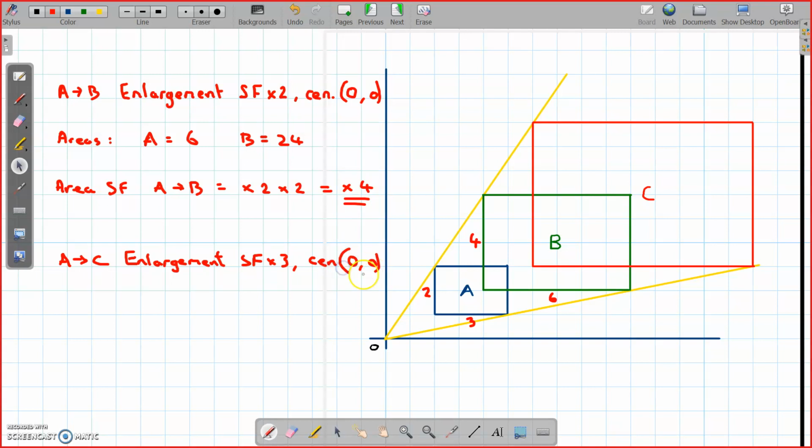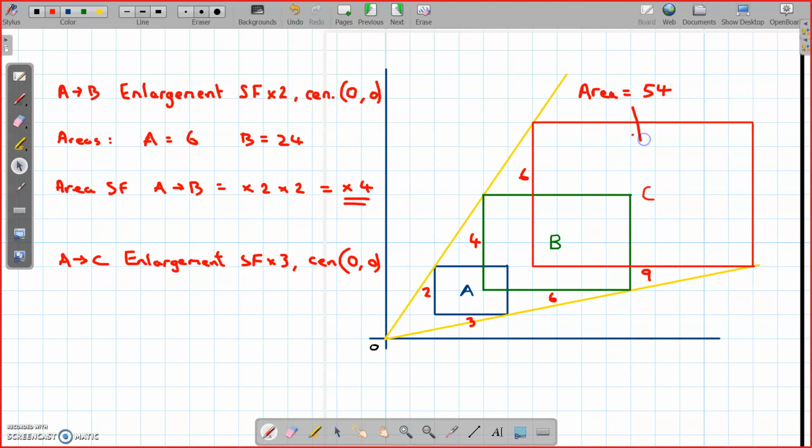So we're familiar enough by now with that, and we can see the dimensions. This has got a height of 6 and a length across here of 9, and 6 times 9 is 54. I'll just write that up here. So 54 is the area of C. That's the actual area.